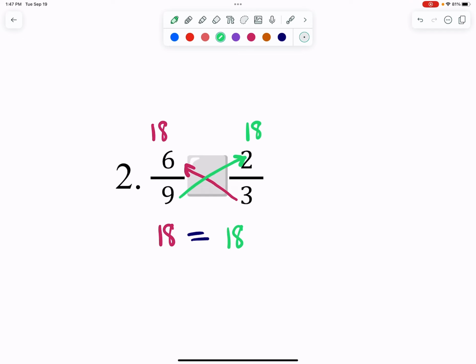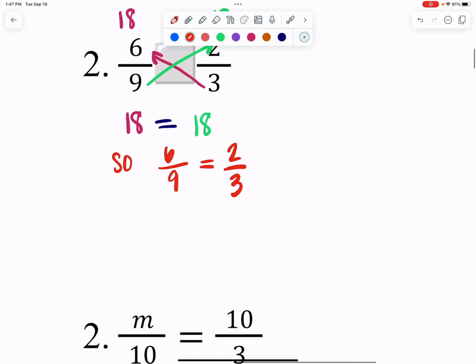What does that tell me? Well, that tells me that 6/9 is equal to 2/3. That tells me that we have a proportion.